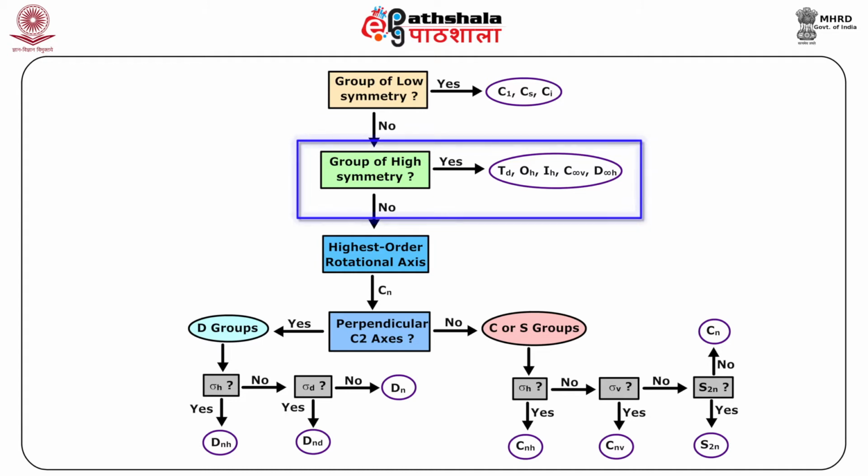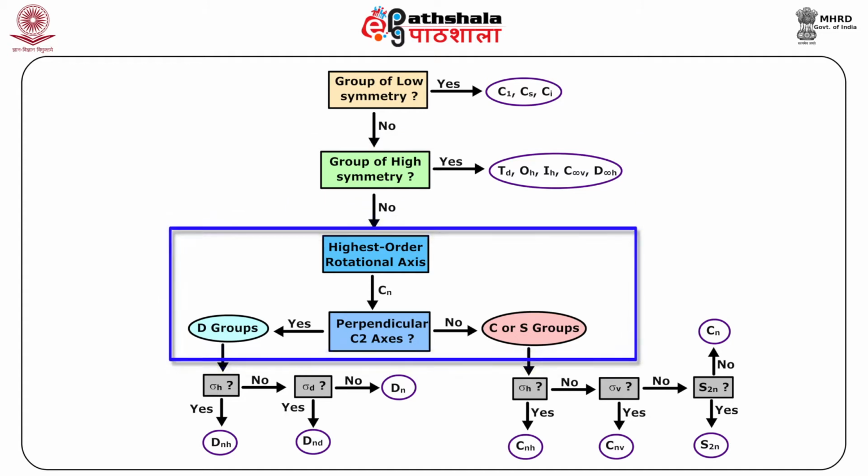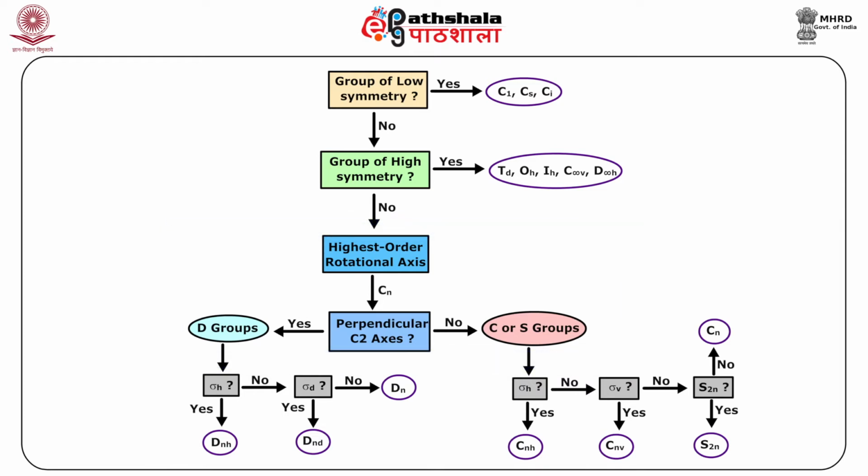Whether it has a group of higher symmetry, if yes, then it would have these symmetry elements. If no, then the highest order rotational axis Cn would be there. If a perpendicular C2 axis is existing, then it would have D groups. If no, it would have C or S groups. And on the basis of that, various symmetry elements can be decided as shown to you.